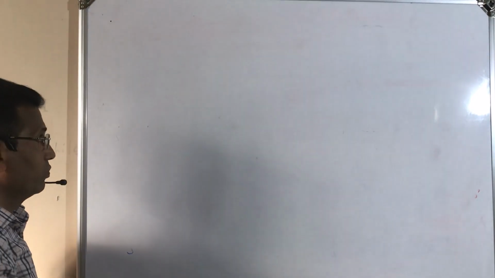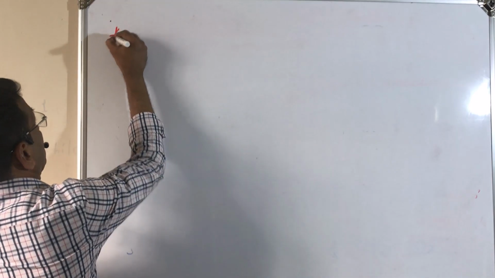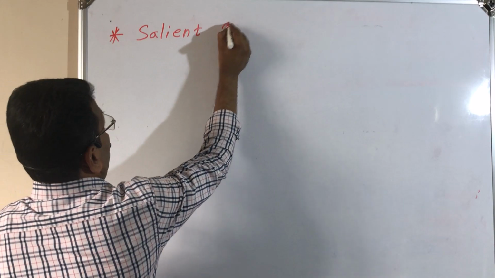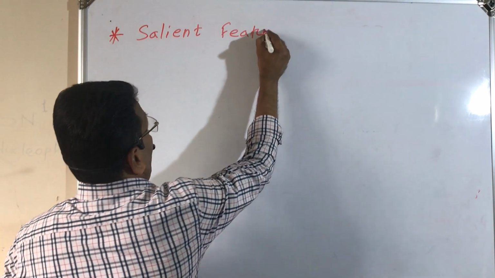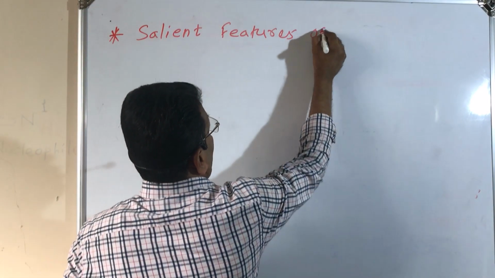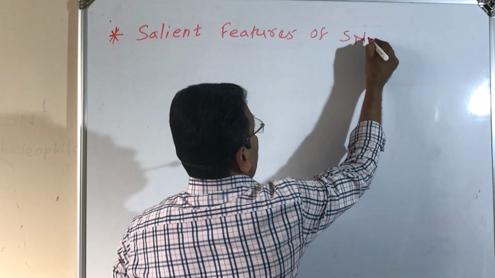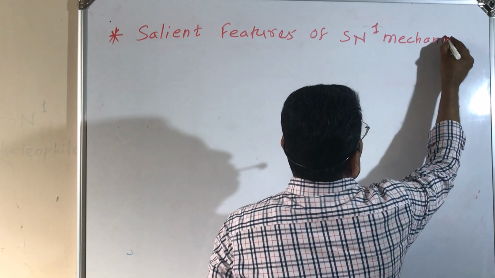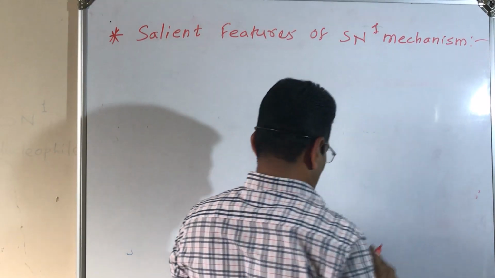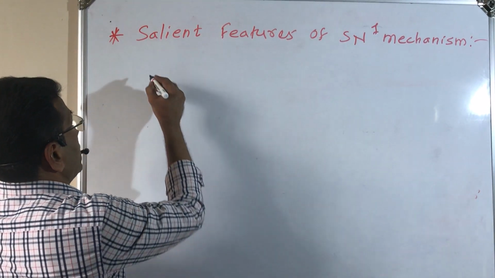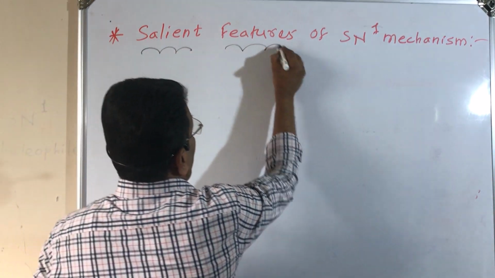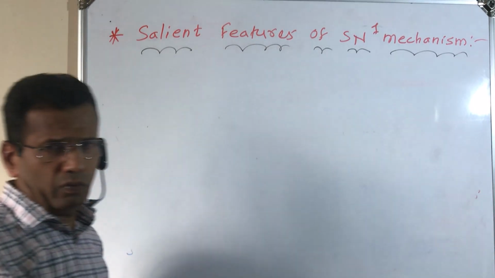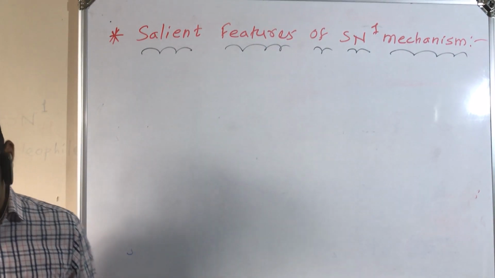Salient features of SN1 mechanism. There are 4 salient features of SN1 mechanism.